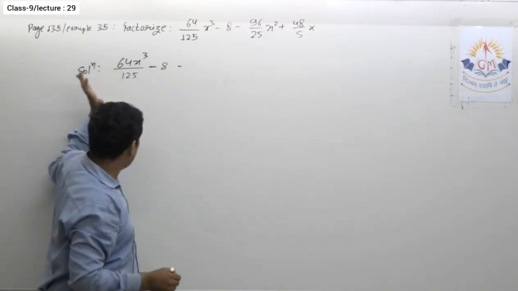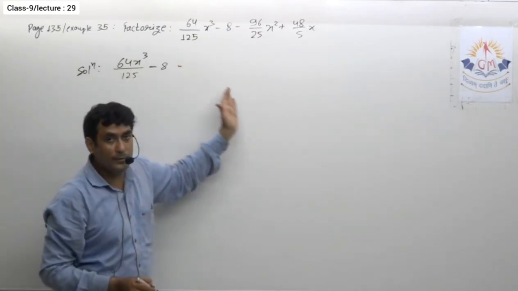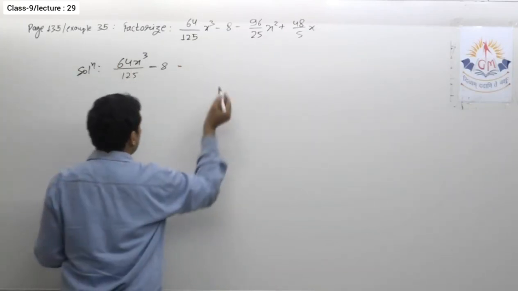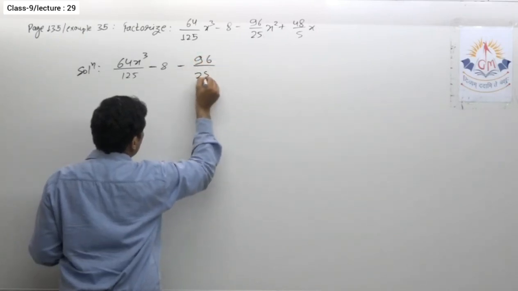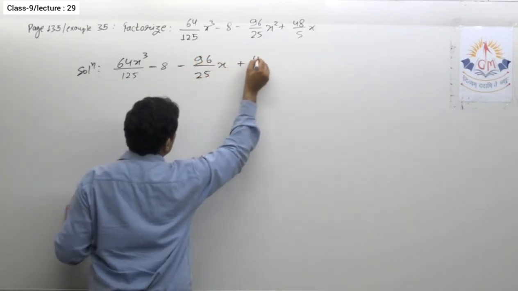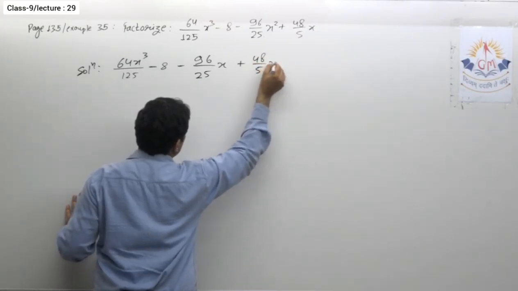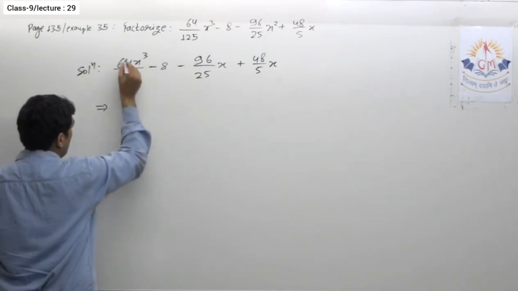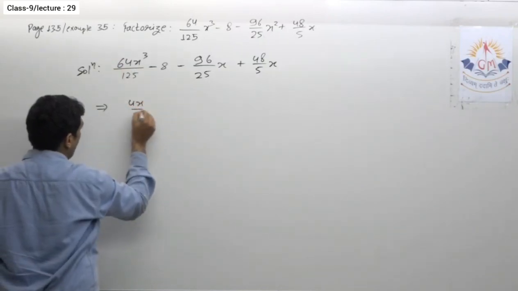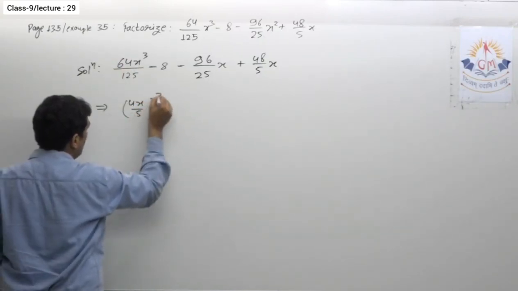Here it should be like a cube minus b cube minus 3ab into (a minus b). But I'm not sure about that. We write terms in that pattern and then we'll check whether the given expression fits the identity or not. So here I can write this as (4x upon 5) whole cube, isn't it?